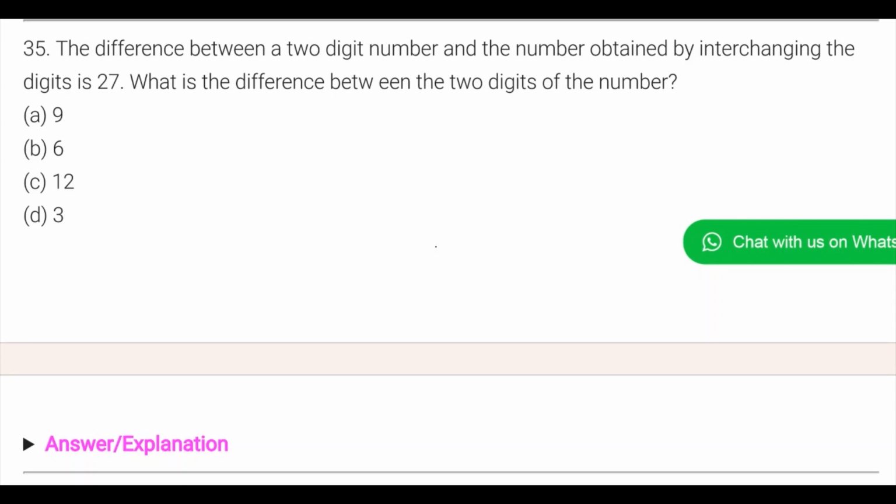The difference between a two-digit number and the number obtained by interchanging the digits is 27. So if xy is my number, we represent this number as, this is ones, this is tens unit. So y into 1 plus 10 into x.